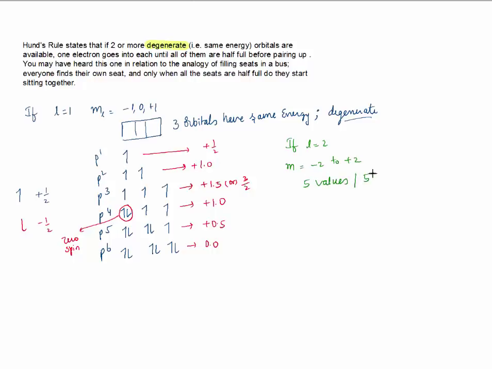That means there will be 5 orbitals. Please remember, we put 5 boxes, 1, 2, 3, 4 and 5. All are of same energy.